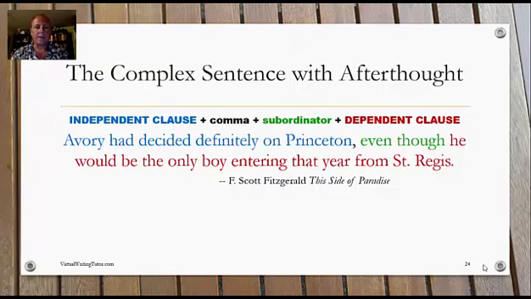We have a comma, and then the subordinator, and then a dependent clause: even though he would be the only boy entering that year from St. Regis. The independent clause comes first: Avery had decided definitely on Princeton. Notice how the comma lets us know where the independent clause ends and the dependent clause begins with the subordinator even though.